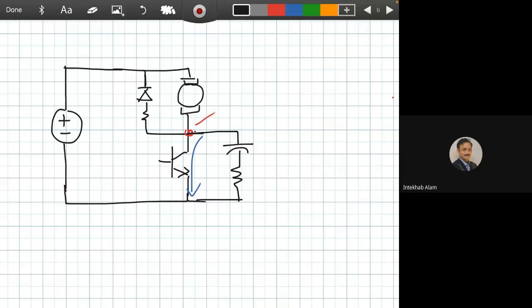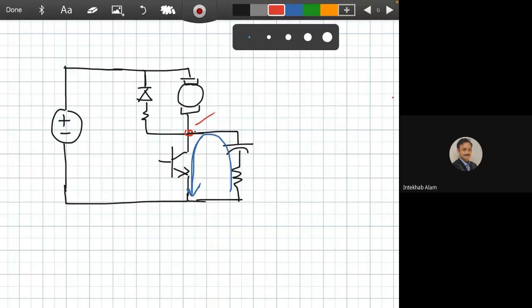Whenever we add a resistance in here, the short circuit current will be reduced. Do you agree? Yes, sir. So if the current is reduced, it will also increase the charging time and discharging time. Do you agree with me?